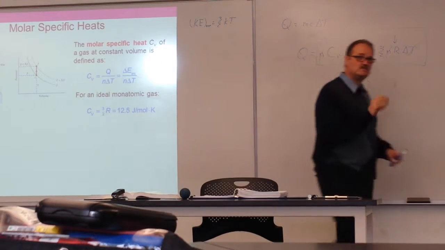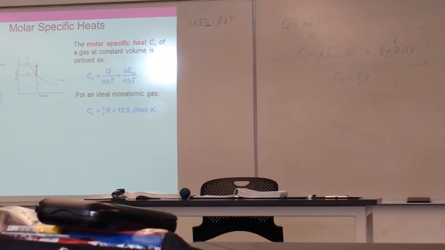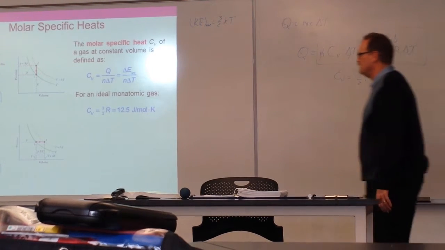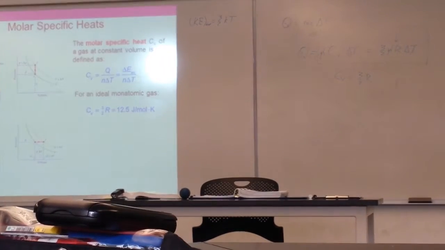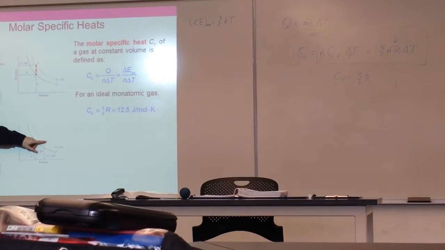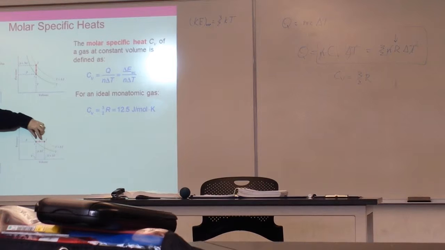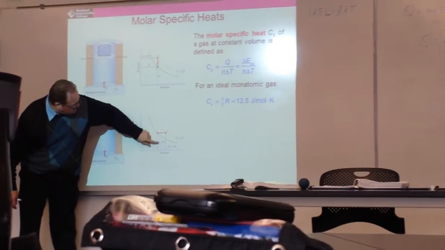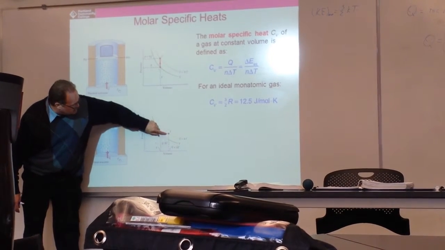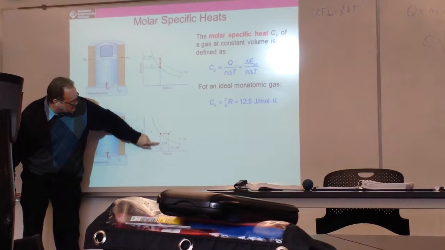But now let's change the experiment a little bit. Let's take the pins out of that platform so that it can rise up. Well, now when we add the heat, in addition to the temperature changing, so we go from one isotherm to another, the volume changes. So now we have P times a change in volume. We can find an area on the pressure and volume graph, so this means that we've done work.